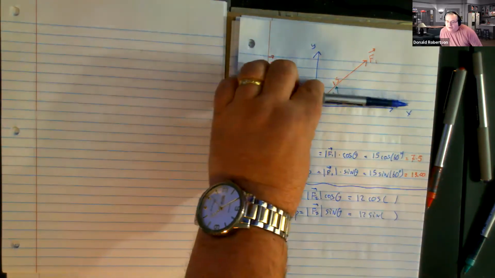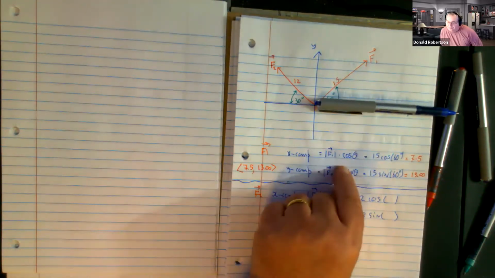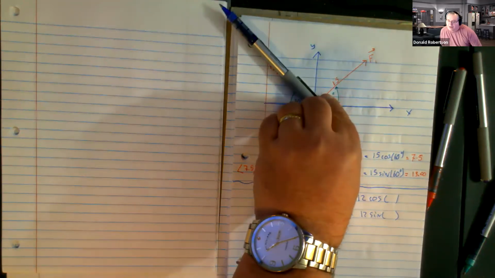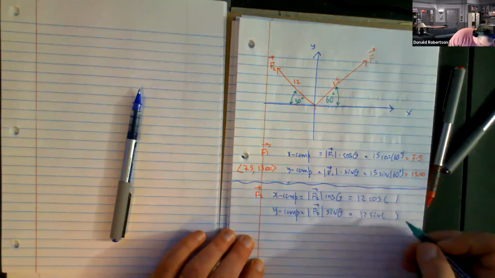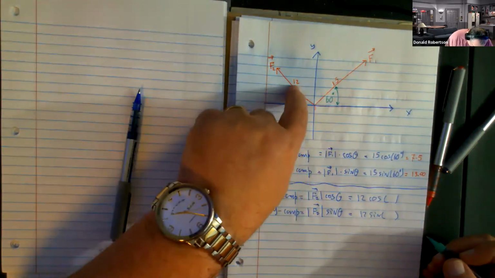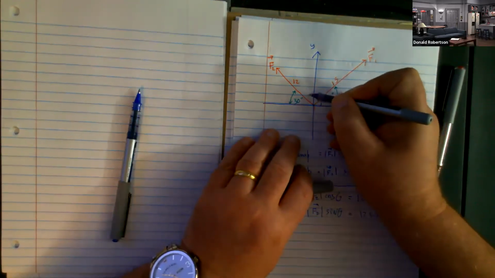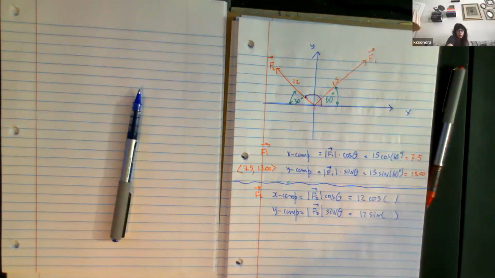We always measure angles from this x-axis, this one here. So the angle I really want is that angle. How big is that one, which is the one we really need? 150.